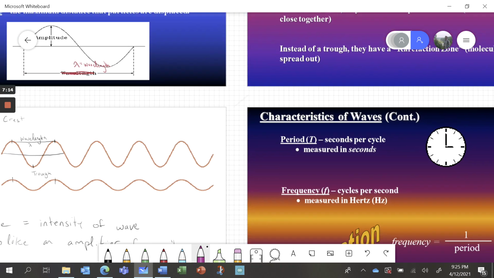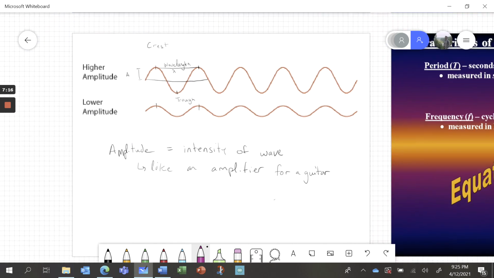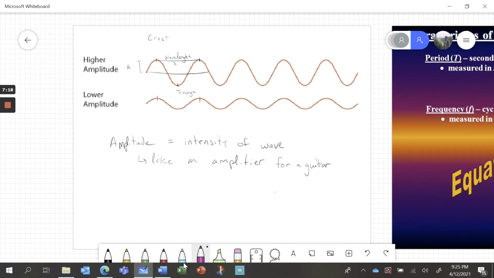Now let's talk about amplitude. Trying to visualize amplitude in a compression wave is pretty difficult. It has to do with how compressed something is, but we're not really going to talk about that, because it's just kind of hard to wrap your head around, and it's just not that important.